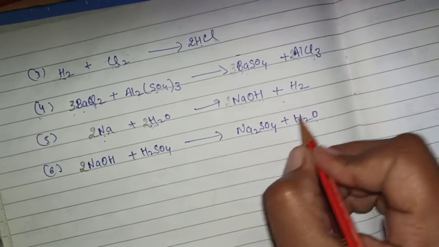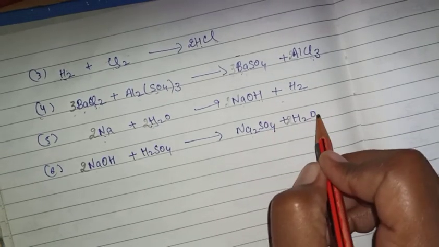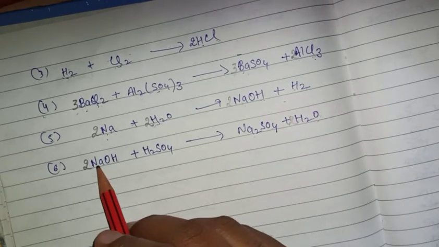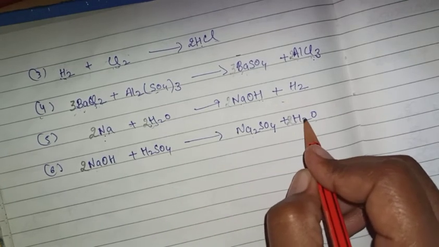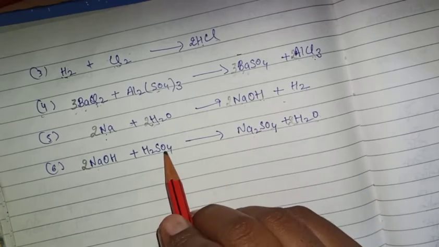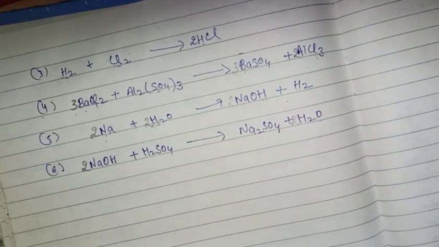So to make it 6, I will multiply here with 2. Means total oxygen 4 and 2 become 6. Now come to the hydrogen. 2 hydrogen and 2, total 4 hydrogen are here, and here also 4 hydrogen. Sulfur, here 1 sulfur, 1 sulfur. Oxygen is already balanced, so it becomes a balanced equation.